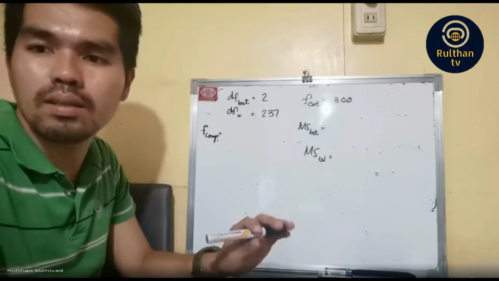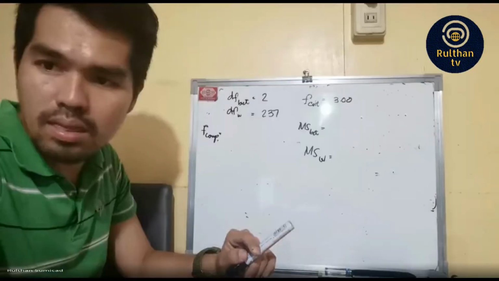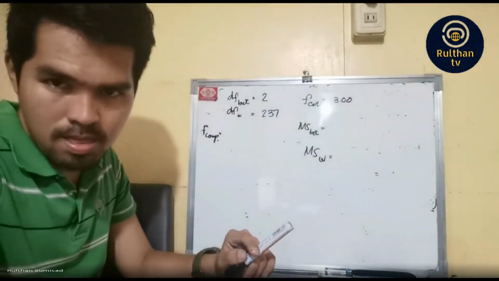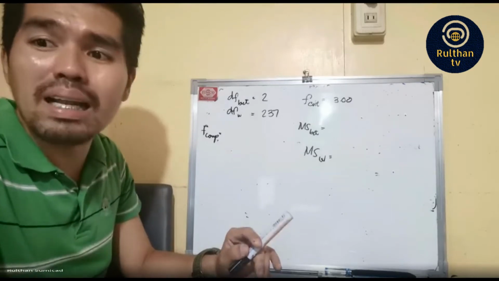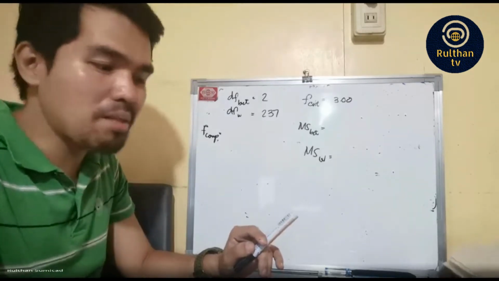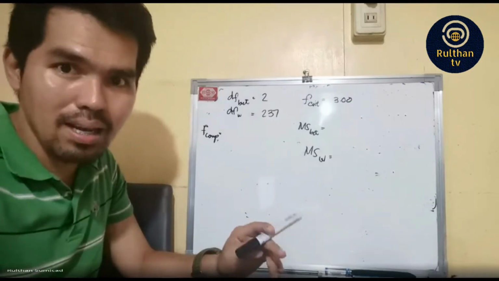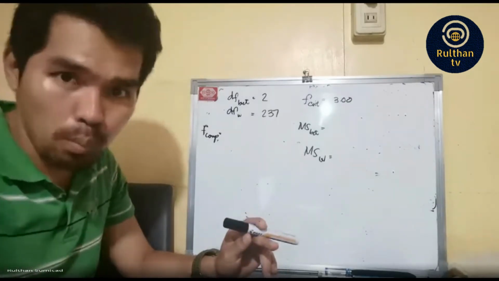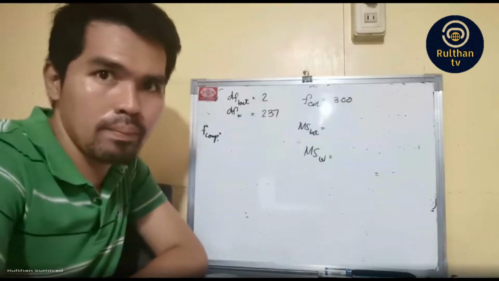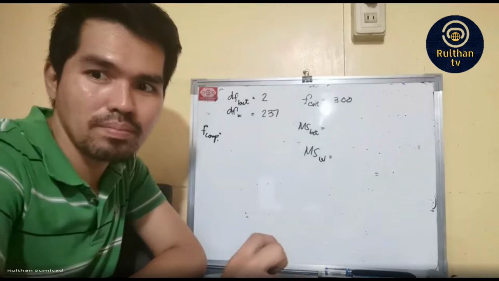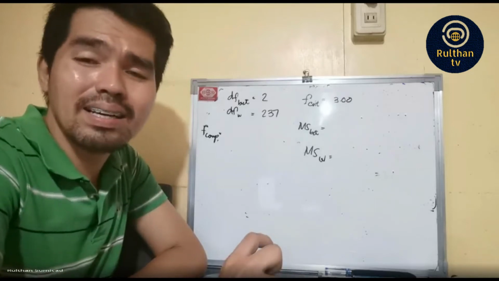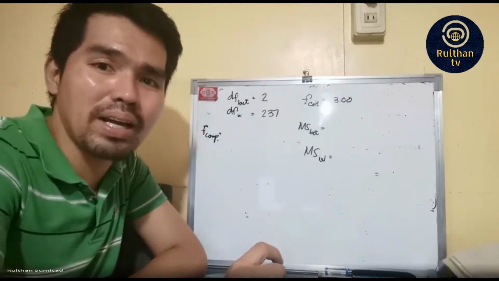What have you noticed? 3 groups, and they were equally divided into 3 groups. So that means you have 240 divided by 3. That's the N per group. Your N is 80, of course, that's 240 divided by 3.